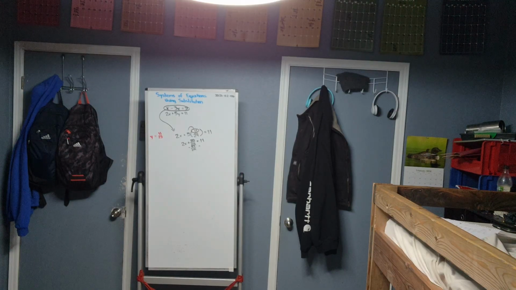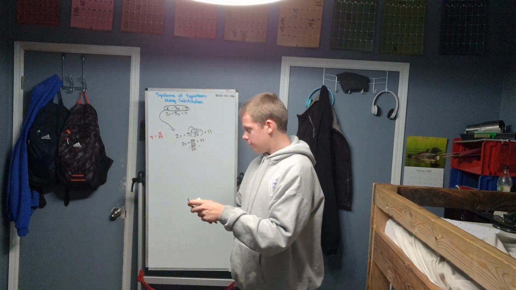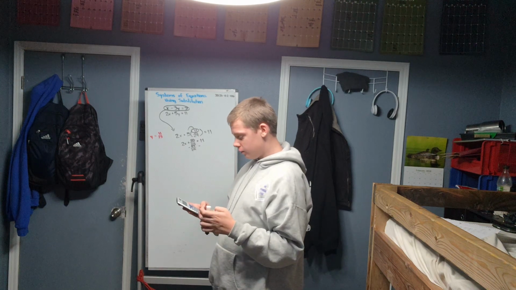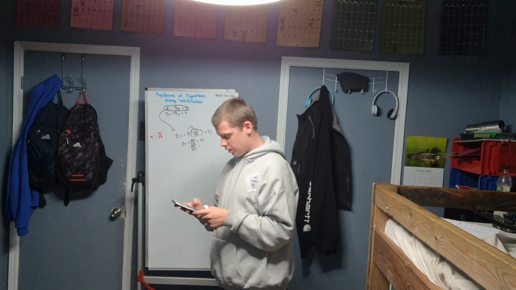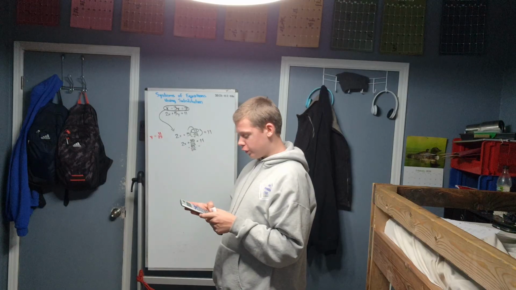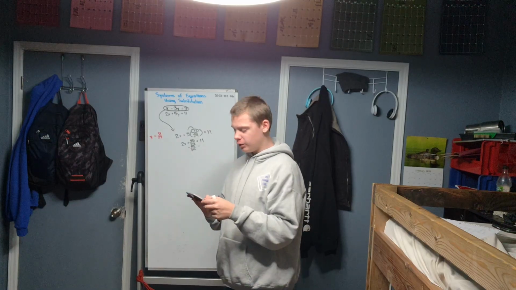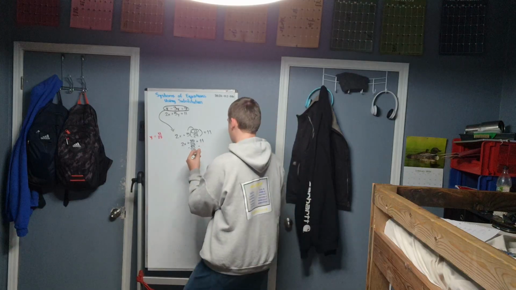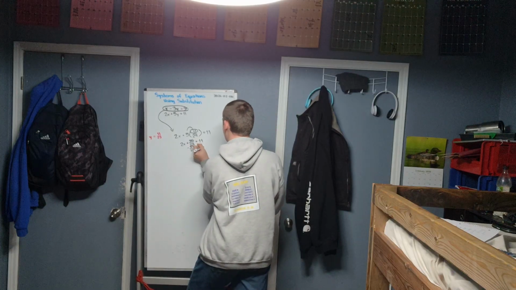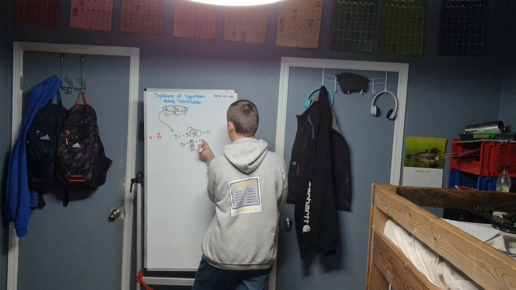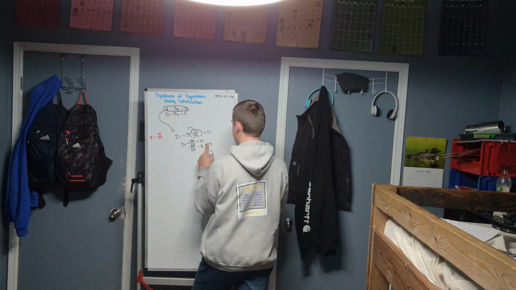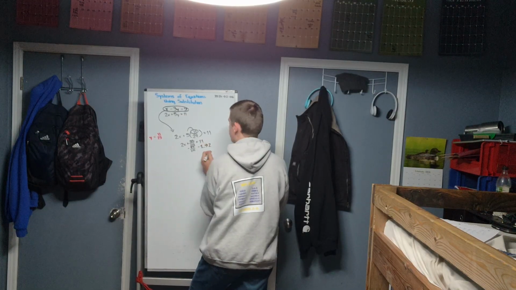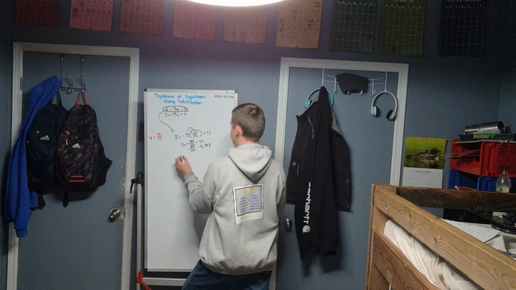Got the calculator here. 55 divided by 29. Okay. 29 times 2 is 58. So, we're going to do 1.97, 1.91, I think, 1.92.